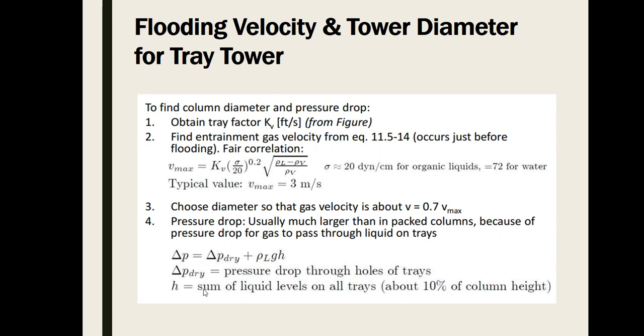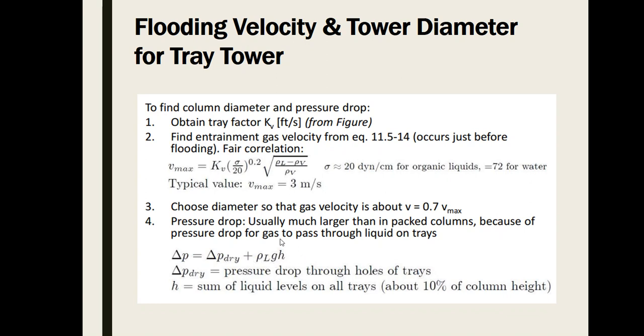The H is the sum of the liquid levels on all trays, which is about 10% of the column height. The column height needs to be given by the problem or predetermined. We multiply it by 10%, and that would be the H that we multiply here to rho G H.